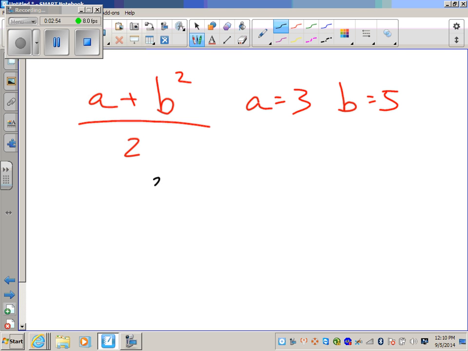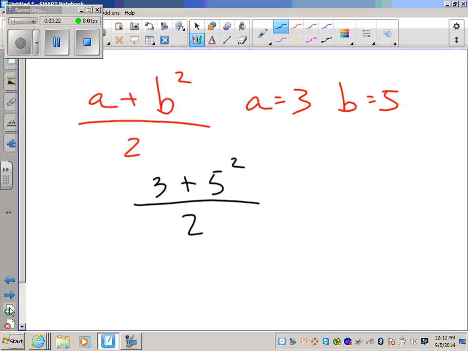A is 3. B squared all over 2. Now, it's very important to put down what those variables are equal to and see everything before you start working. Now, you're going to apply order of operations. Yes, ordinarily you would divide before you would add. But I can't divide until what?